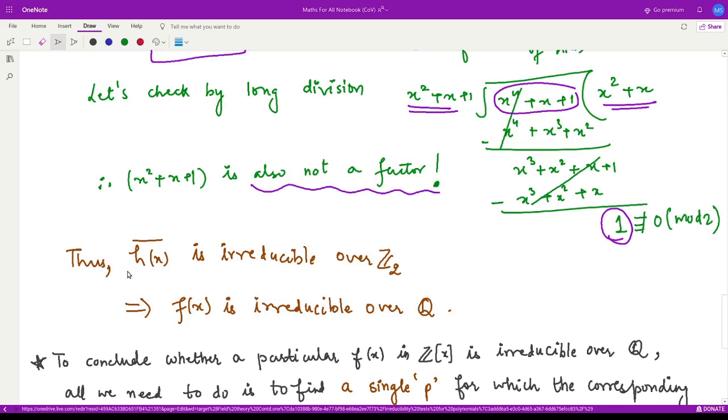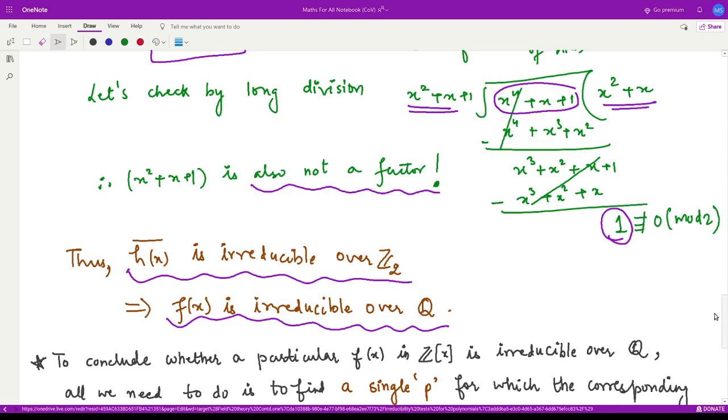Hence h bar x is irreducible over Z2, and if this is irreducible over Z2, that means hx is irreducible over Z, and that means fx is irreducible over Q using the first test, and this is using the second test. So we say that the given polynomial is irreducible, right?